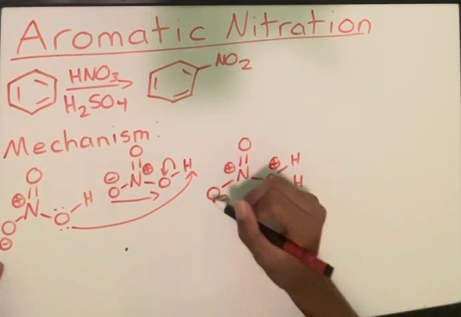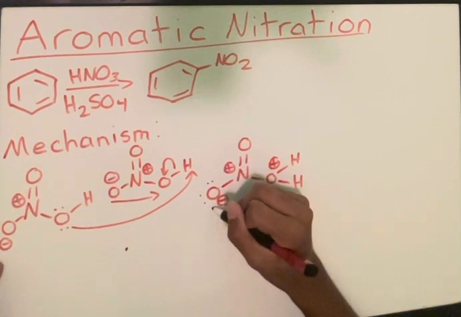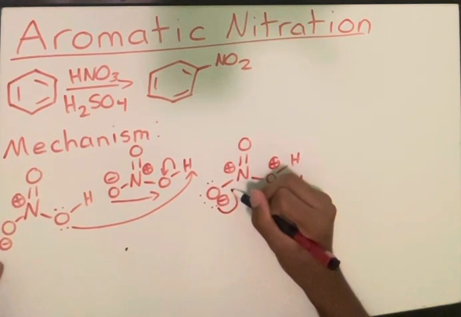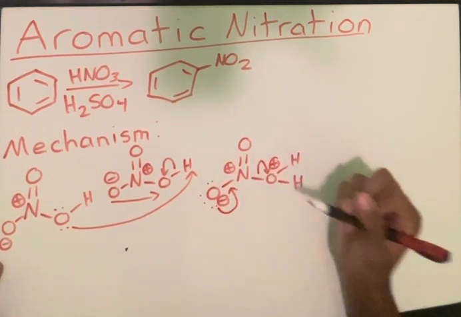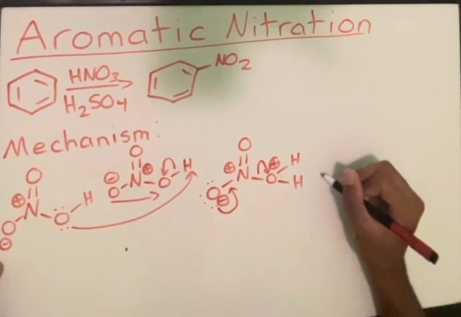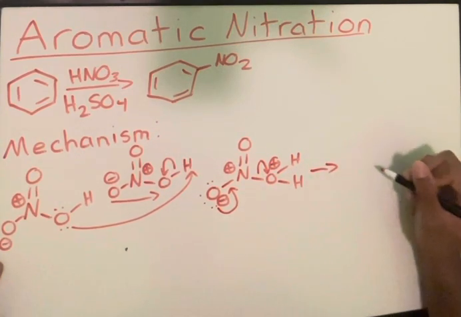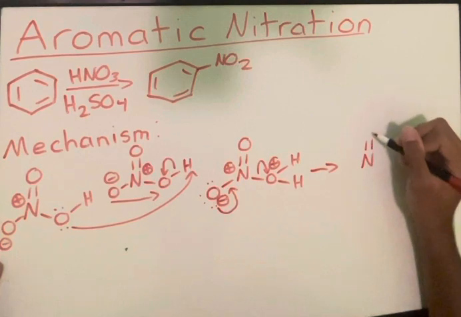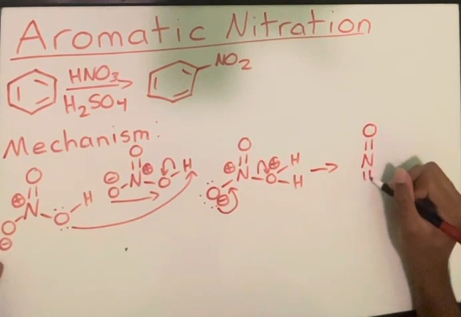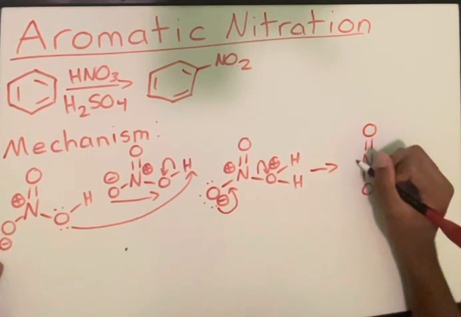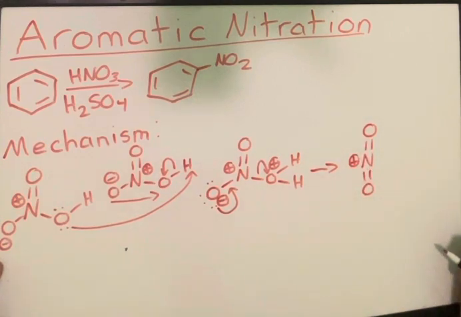So the way we do that is we take one of our lone pairs, since oxygen has three here, form a double bond, and that forces our oxygen to leave. So now what happens is that we have prepared a suitable electrophile, or a molecule that our ring can attack, and proceed with the mechanism.